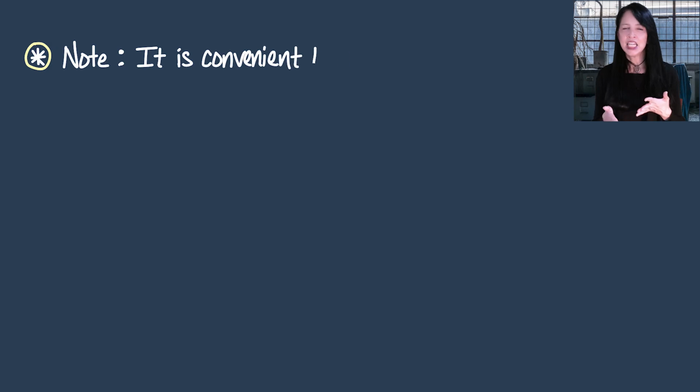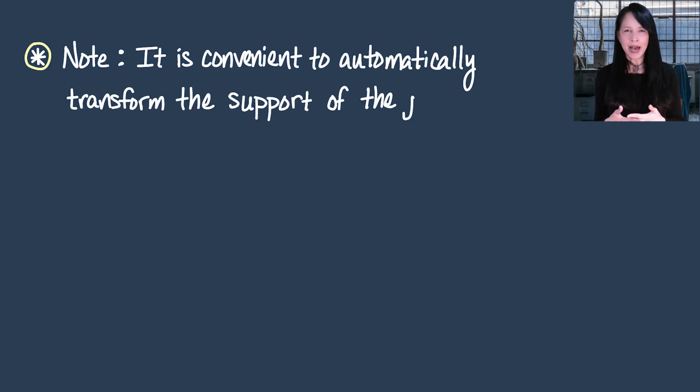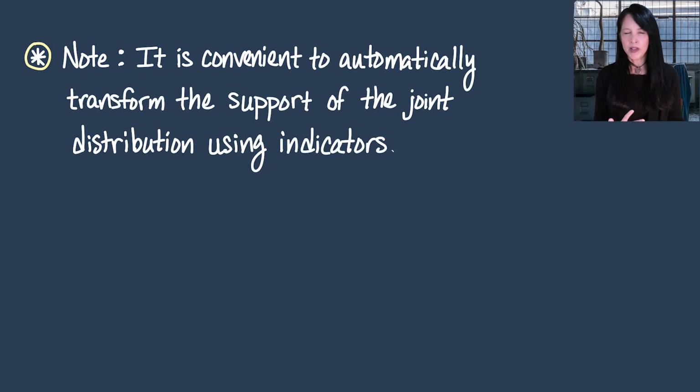Now, it is convenient to automatically transform the support for any PDF, one-dimensional, two-dimensional, or otherwise, using indicators. If you've taken mathematical statistics with me, you'll know that I am a very big fan of indicator functions. These are ways to build into your PDF where it is non-zero.